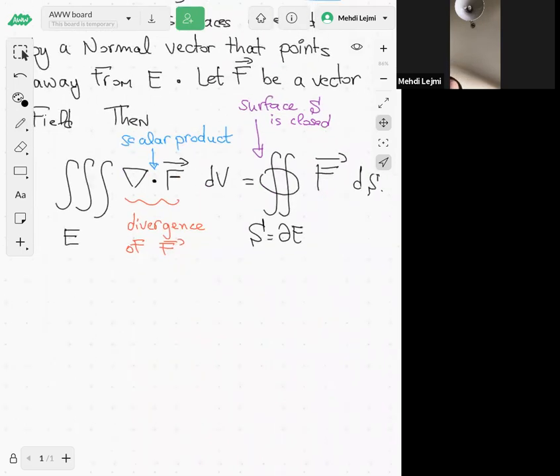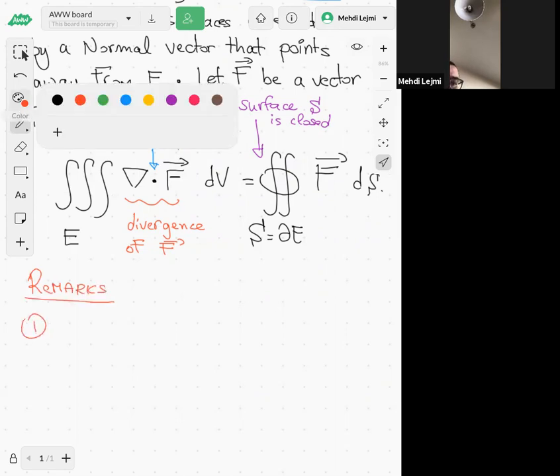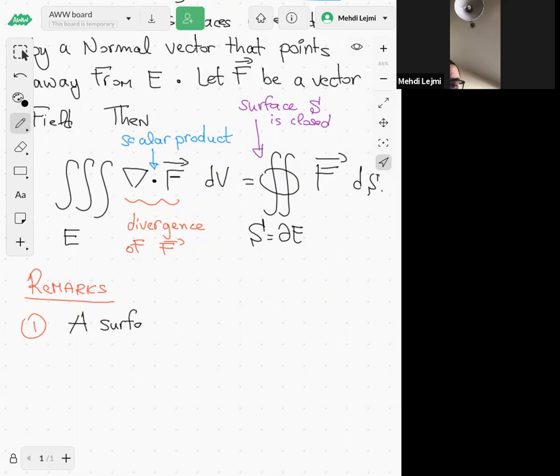Closed surface means that the surface has no boundary. Okay, so a couple of remarks about the theorem before the examples. Remark: a surface is closed if the surface has no boundary.